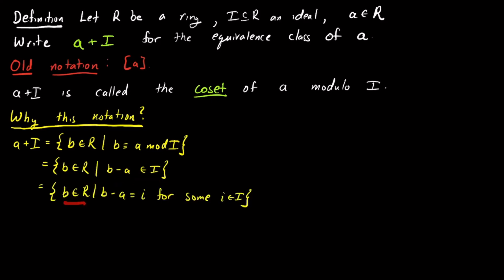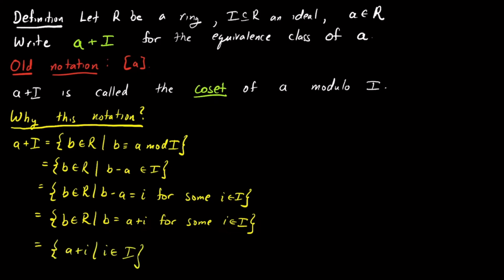This is all of the B in R such that B minus A is equal to little i for some little i in I. Well, if I rewrite the B minus A equals little i expression, I get that this is all the elements B in R such that B is equal to A plus little i for some i in I. And then I could just rewrite this set. These are all the elements of the form A plus little i, where little i belongs to my ideal, right?